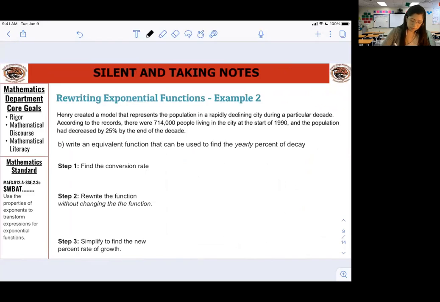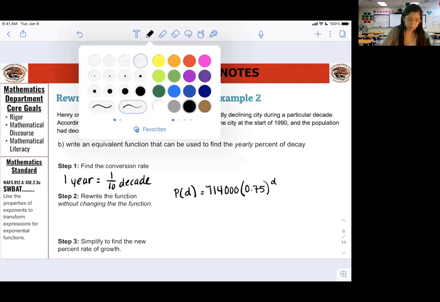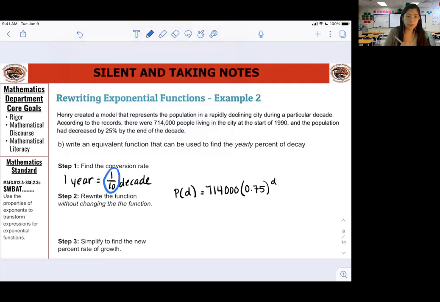So one year is 1/10 of a decade. I'm going to start with the same function as we had before. I already know I'm going to plug in 1 over 10.